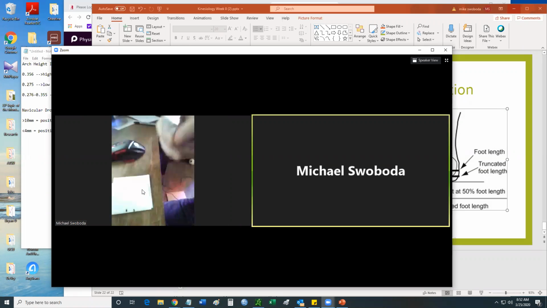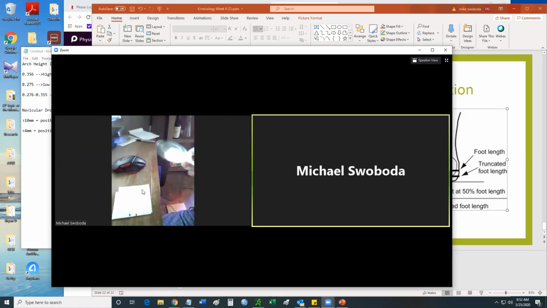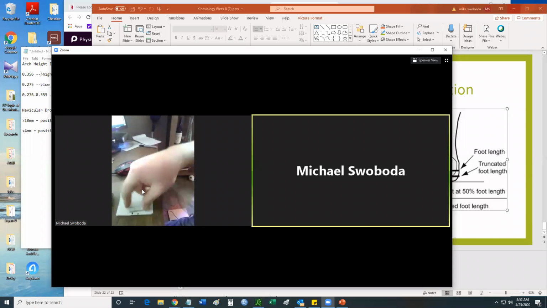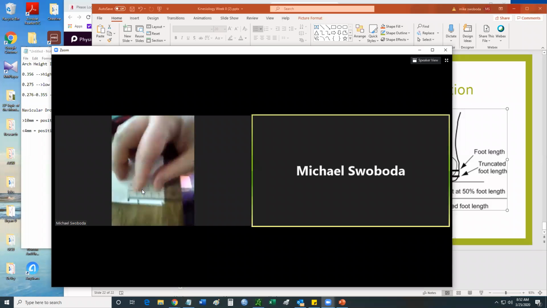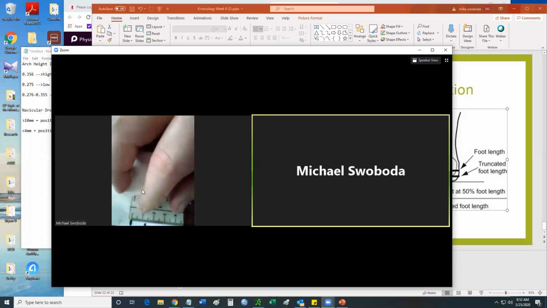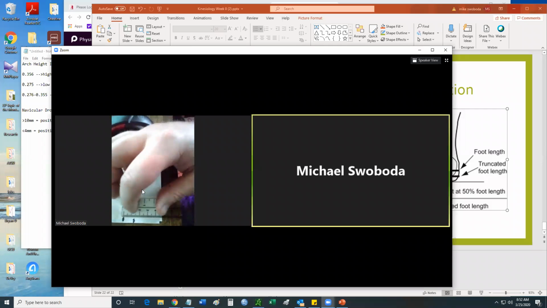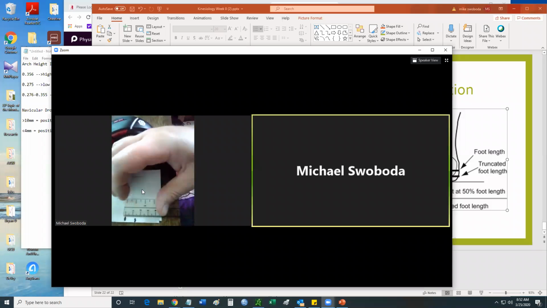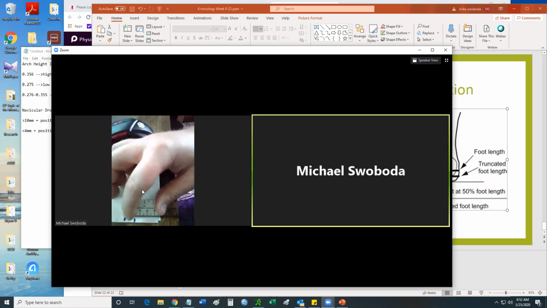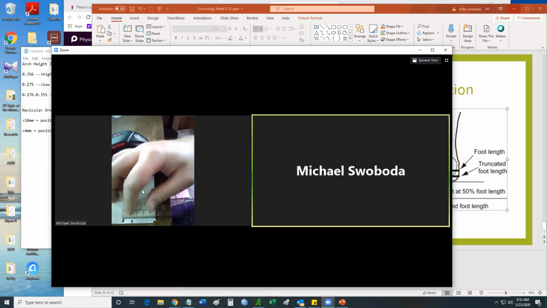Now that I have this, all I'm going to do is take a ruler and measure the distance from one dot to the other, in millimeters. This side is your centimeters, or metric side. The other side is inches. Make sure you're going on millimeters.